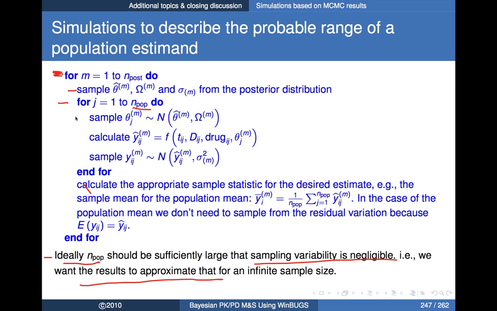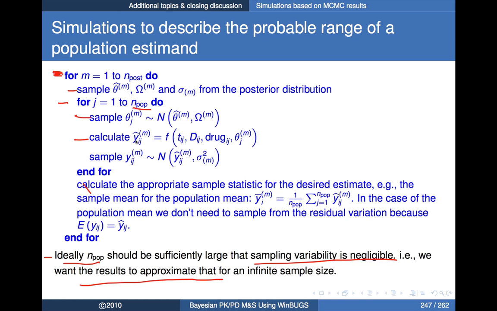So now we're basically simulating our population for a particular posterior sample here. First of all, we're going to throw in our inter-individual variations. So we're going to simulate n pop individuals and their individual specific parameters.